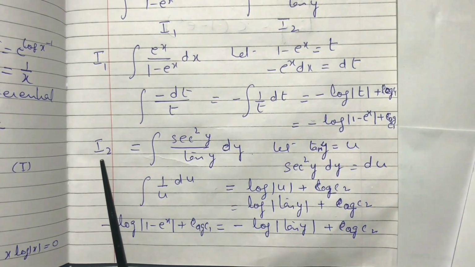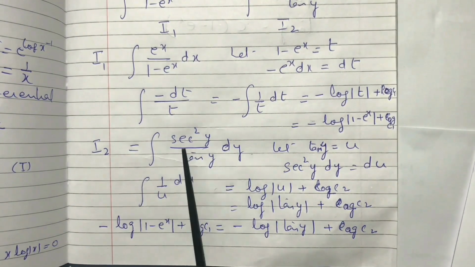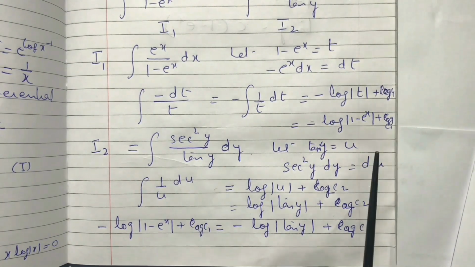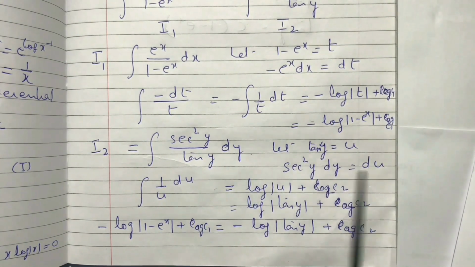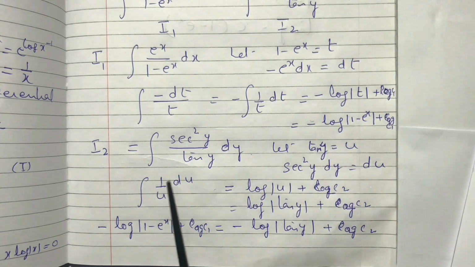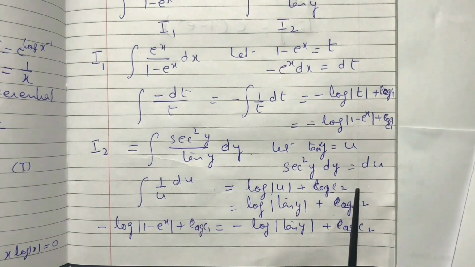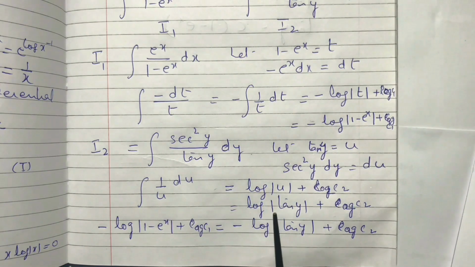Then I have solved I2. This is equal to integral of sec square y upon tan y dy. Substitute tan y as u. You will get sec square y dy is equal to du. So this is 1 by u du. This is equal to log mod of u plus log c2. So it means log tan y plus log c2.